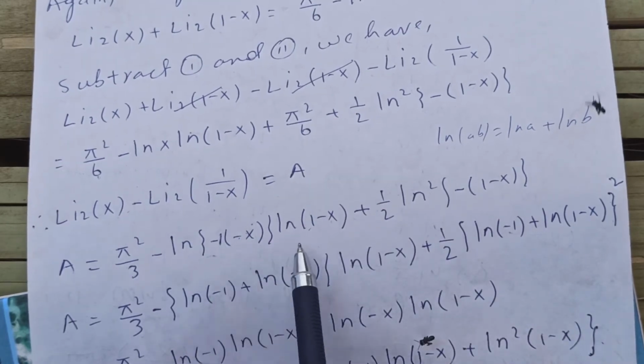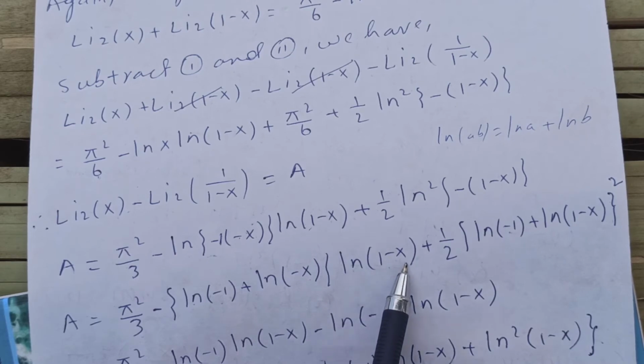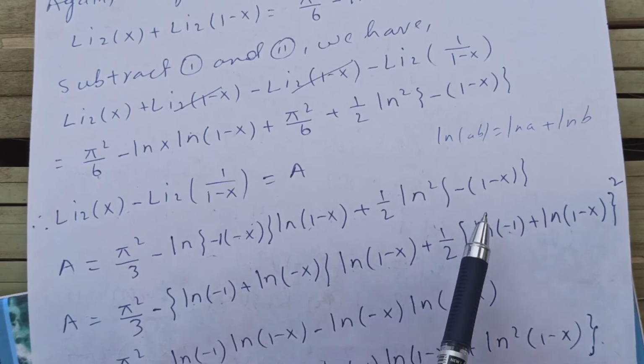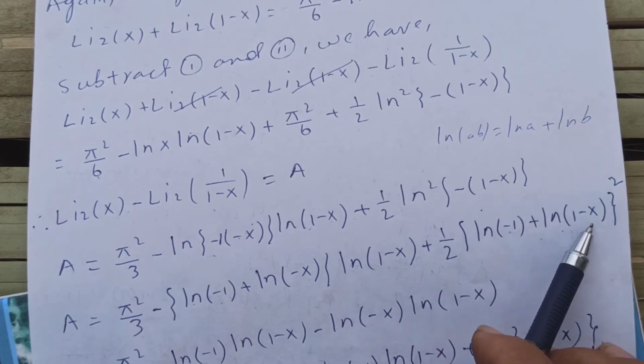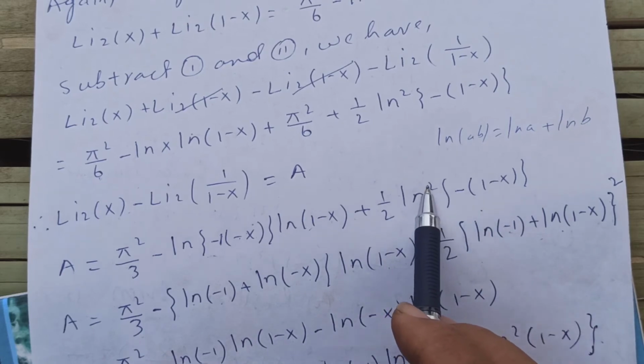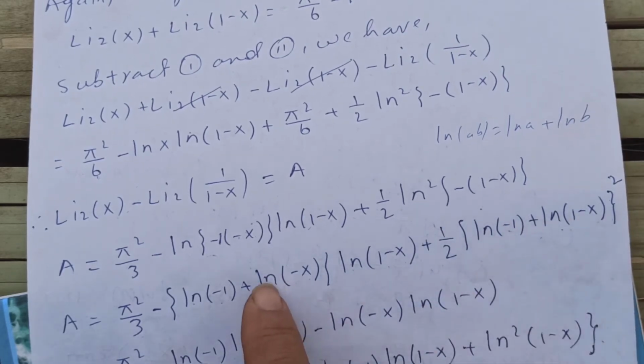So using this identity here, natural log of -1 plus natural log of -x times natural log of 1 minus x plus half of this, also the same thing, natural log of -1 plus natural log of 1 minus x, whole squared, because this is a square. Now we have to simplify this and this one.